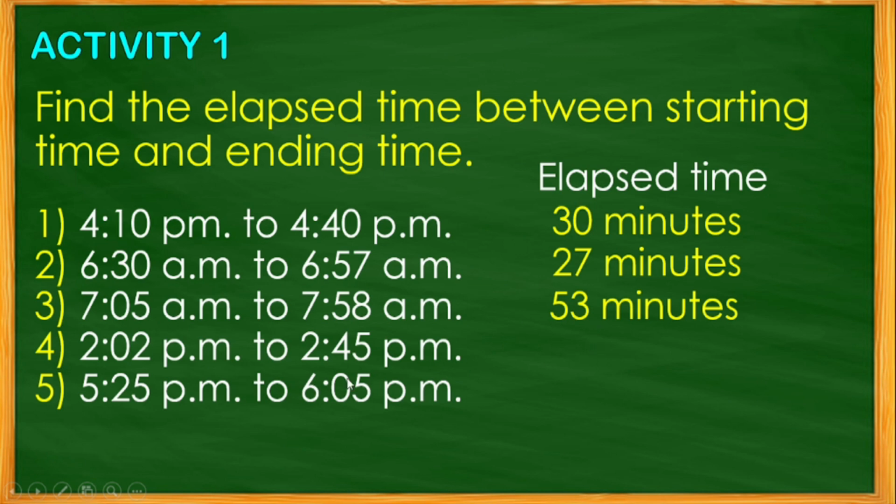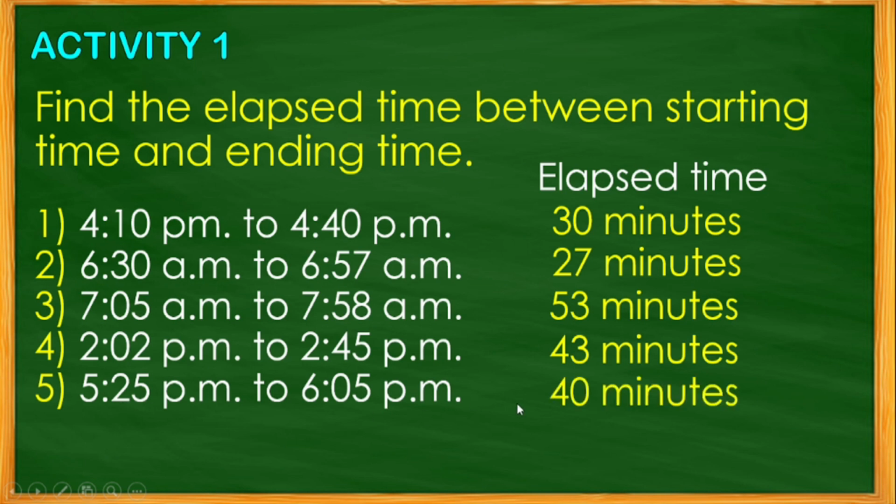Then for number 4, we have 45 minus 2, the answer is 43 minutes. And for number 5, we have 6:05 minus 5:25. The answer is 40 minutes. So that's a very easy activity.